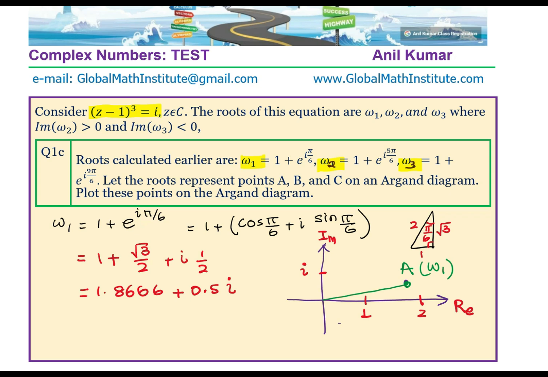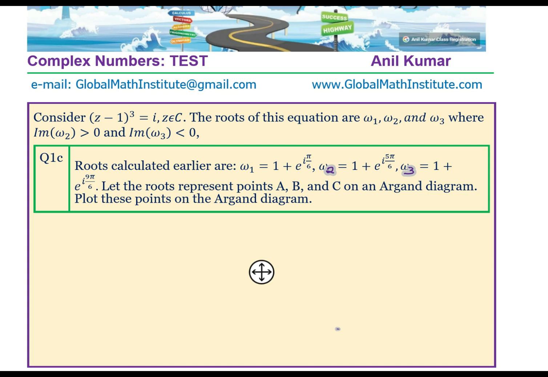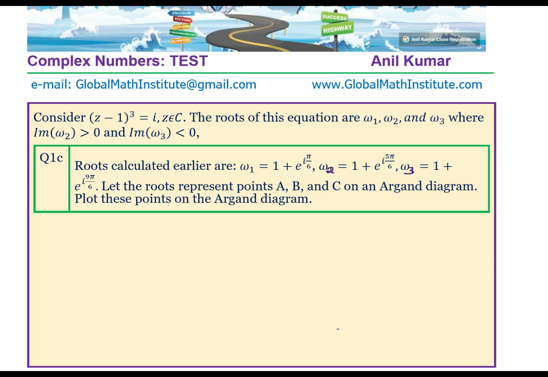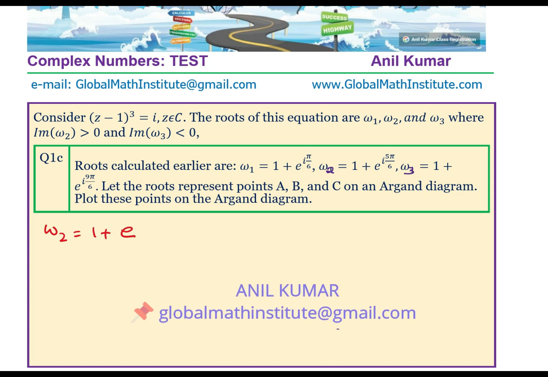I'd like you to now sketch omega 2 and omega 3 on your own. That's the whole idea. So omega 2 is what? Omega 2 is 1 plus e to the power of i 5 pi by 6, correct? So omega 2 is 1 plus cos of 5 pi by 6 plus i sine of 5 pi by 6.